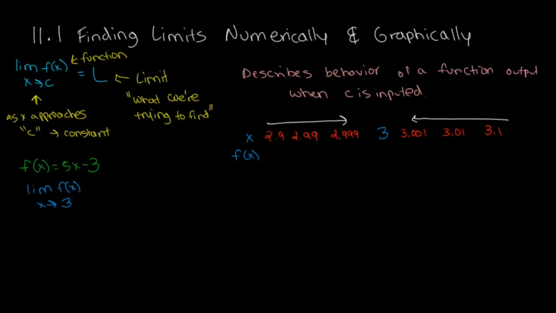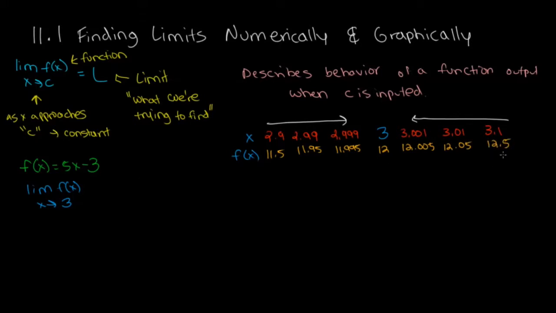So we can observe the behavior of the graph in this general area. We can just use a calculator and plug in these values for x and see what we get. If we do that, we get 11.5, 11.95, 11.995, 12, 12.005, 12.05, and 12.5.